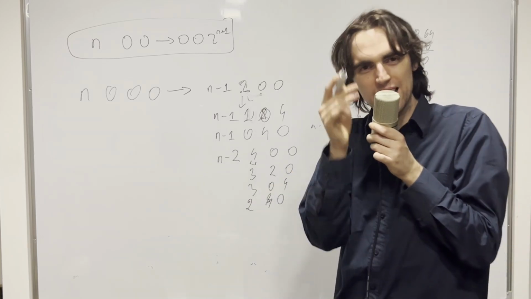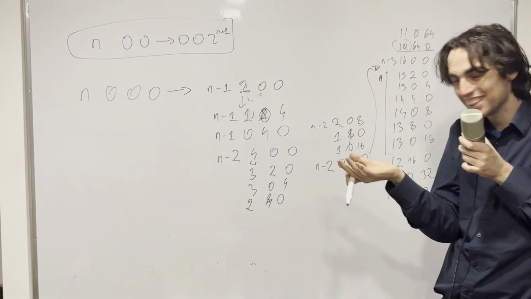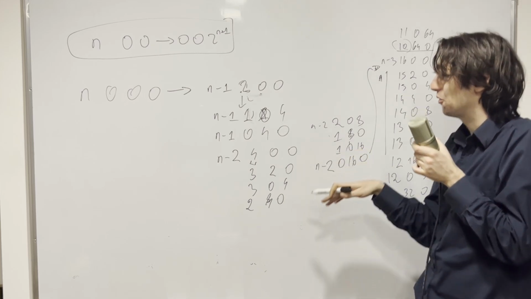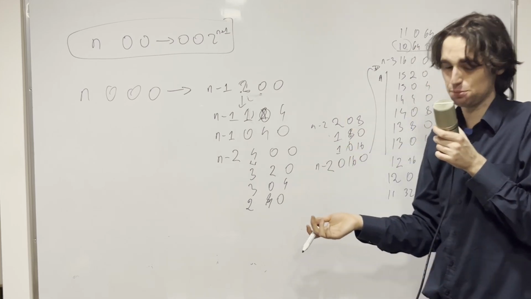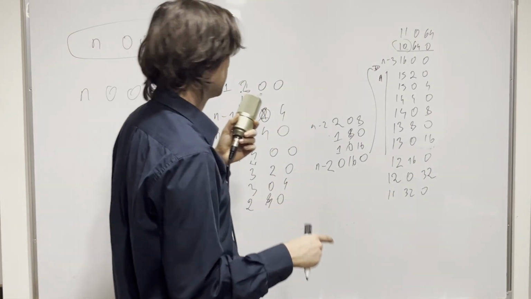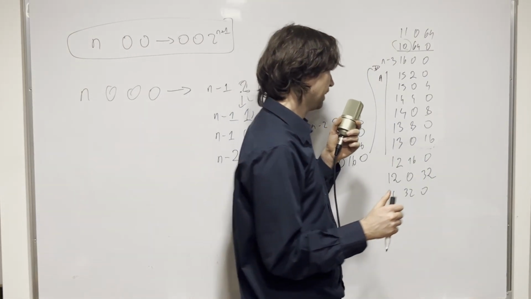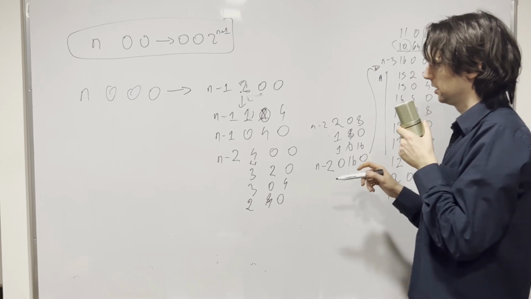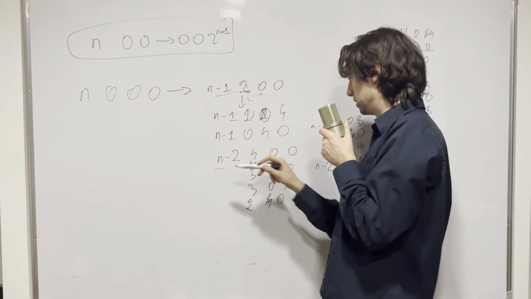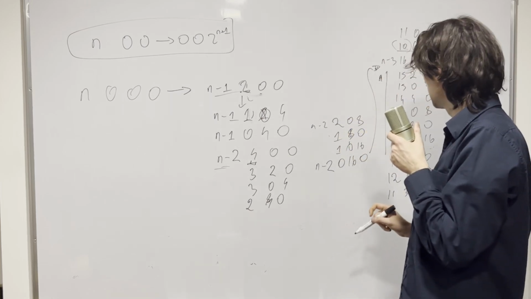So what is in fact happening here? I'm not just multiplying by 4. I am further exponentiating this thing. So what we had was first n minus 1, 2, and then n minus 2, 4.